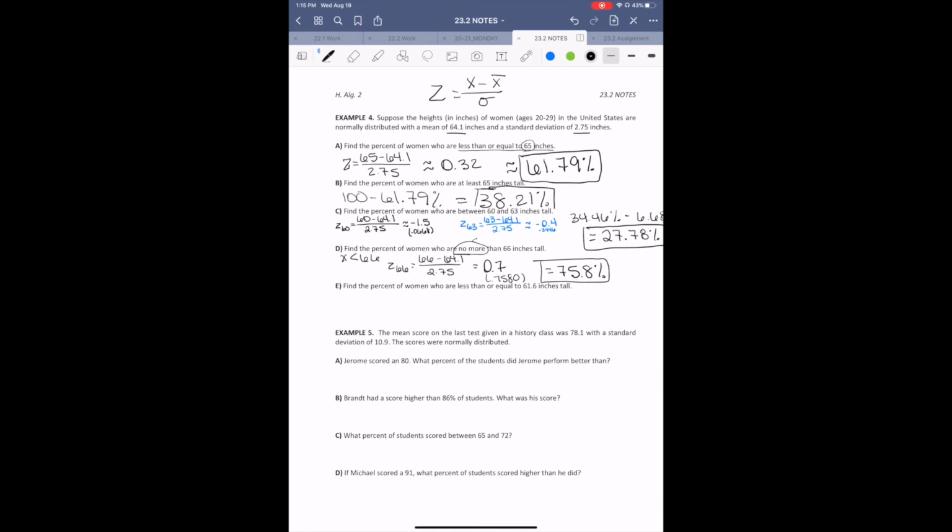And finally, for E, find the percent of women who are less than or equal to 61.6. So we're looking at all data less than or equal to 61.6. Again, Z-score is 61.6 minus 64.1 divided by 2.75. We get a total of negative 0.9.